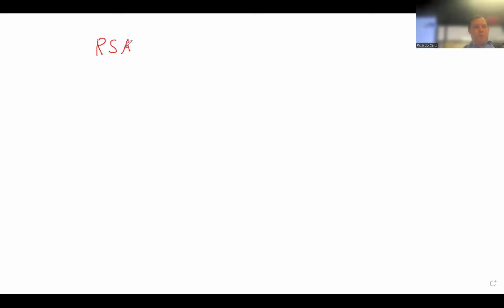So, I'll just review. The RSA algorithm for public key cryptography involves a public and a private key. The steps are that we need to select two prime numbers, P and Q. You saw on the script that we went over on Thursday that those are really large numbers, massive.